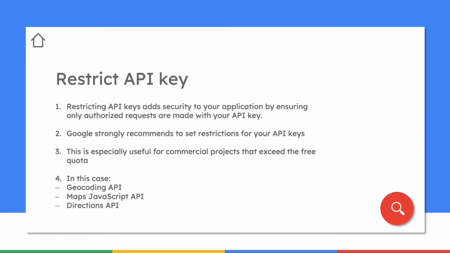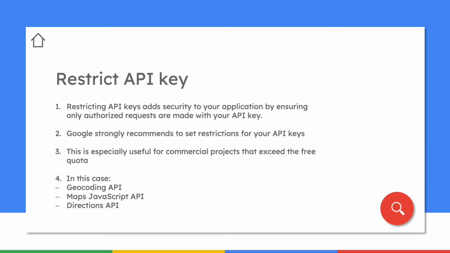Because you can use the API key for any kind of Google application, it totally makes sense to restrict the use of the key to avoid having unauthorized users use your key for any kind of application. It also helps you to keep track of your projects and to monitor them.